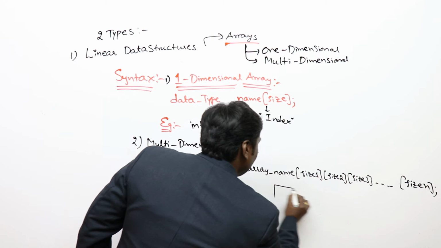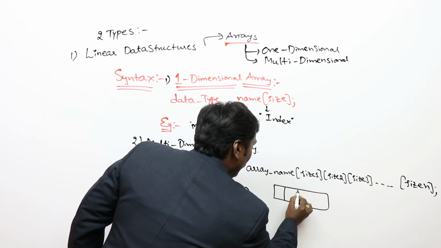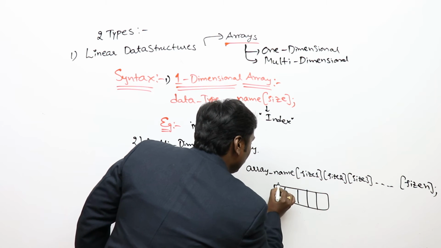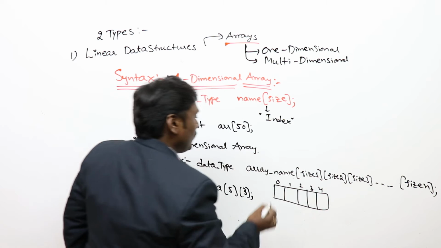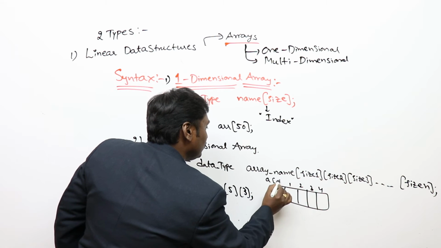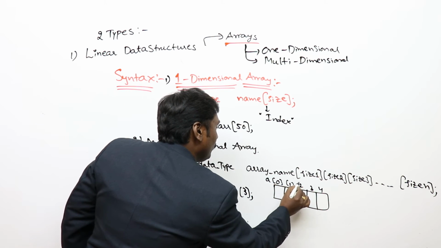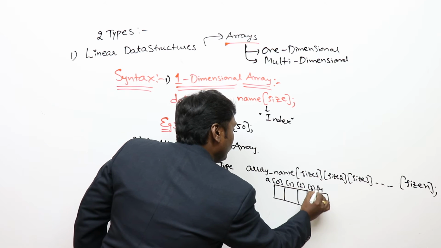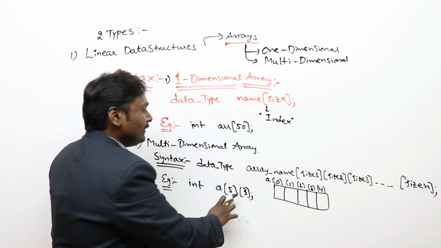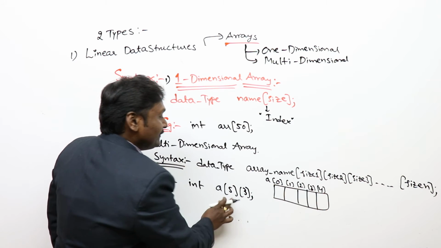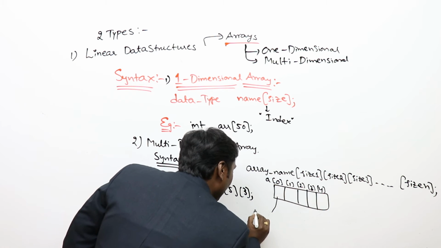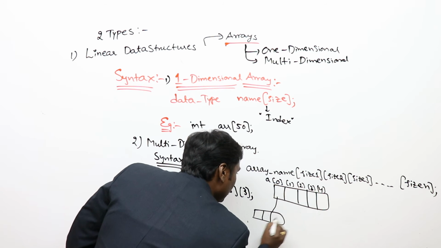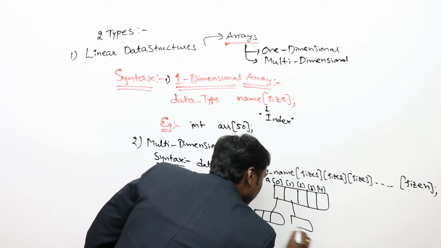I am representing 5 boxes: 0, 1, 2, 3, 4. This is A of 0, 1, 2, 3, 4. This is the index. That is the first dimension, and each and every element will have 3 boxes.